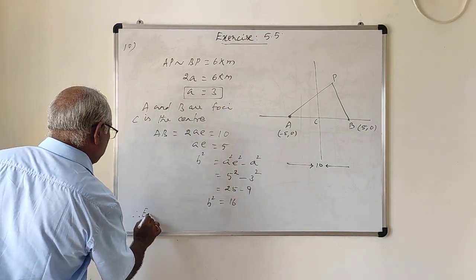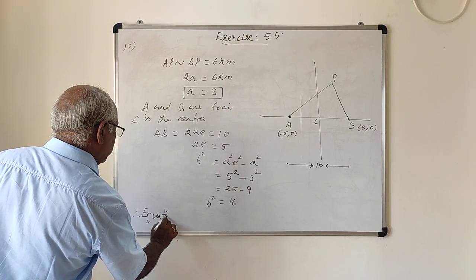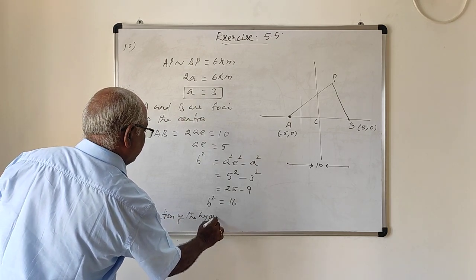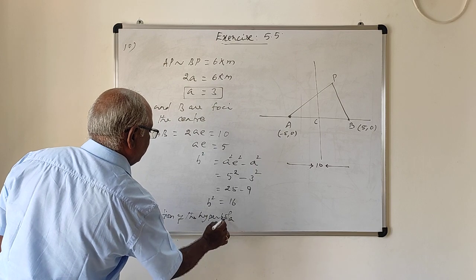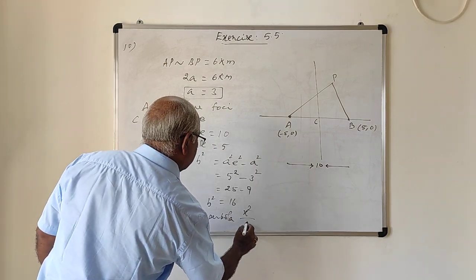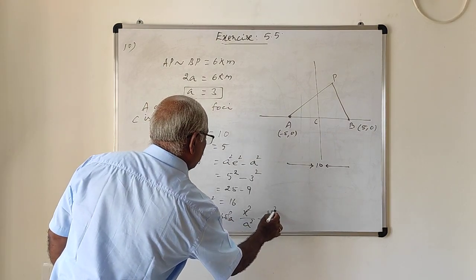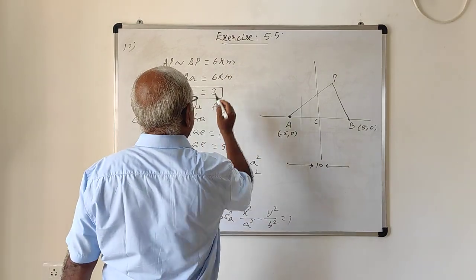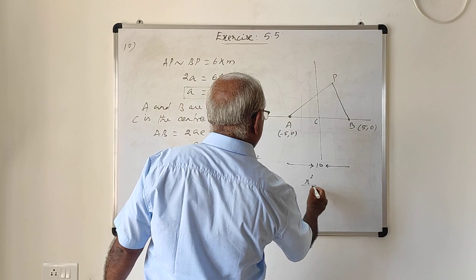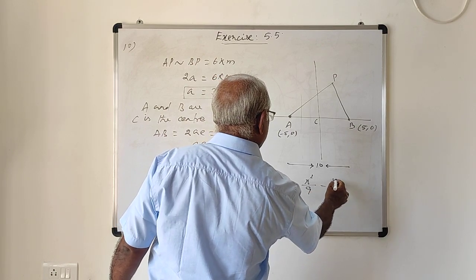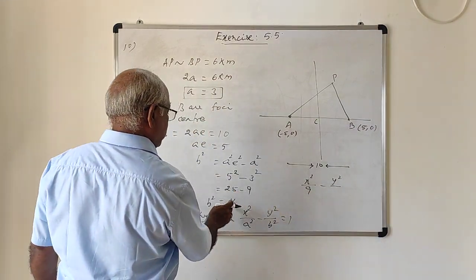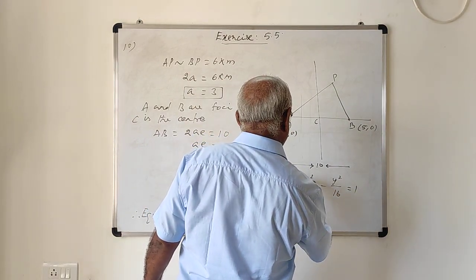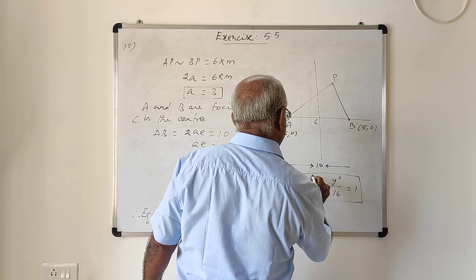Therefore, the equation of the hyperbola is x square by a square minus y square by b square equal to 1. x square by 9 minus y square by 16 equal to 1. This is the required equation of the hyperbola.